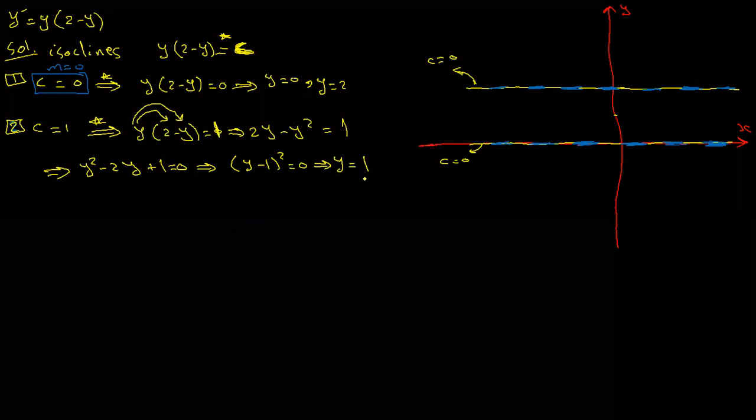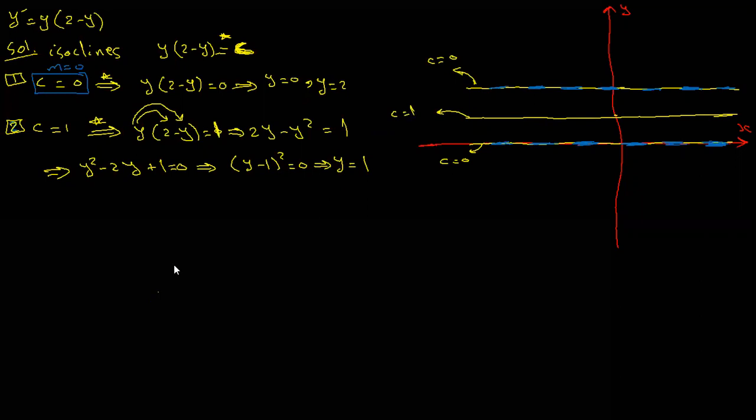Now let me draw this isocline using the yellow. y equals 1 is a horizontal line parallel to the x-axis. On this isocline, don't forget to say that it comes from C equals 1.